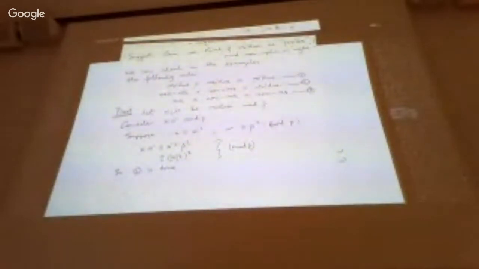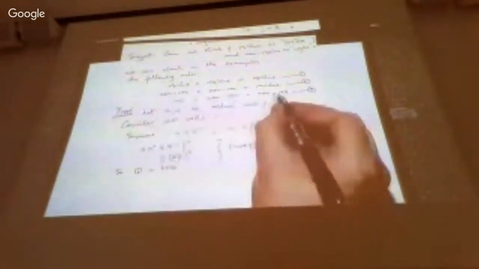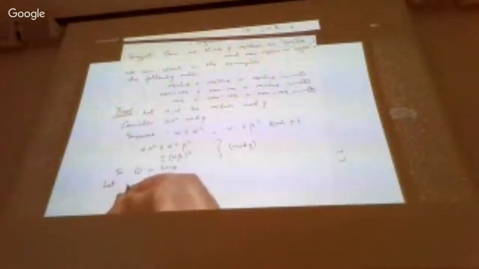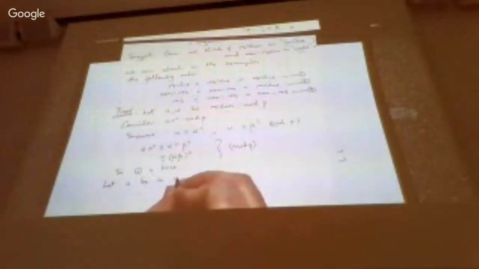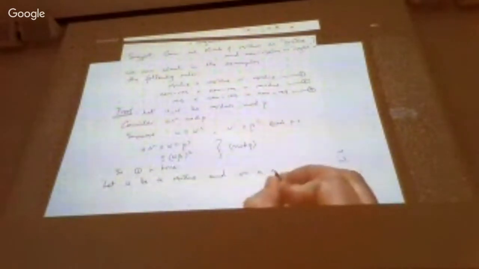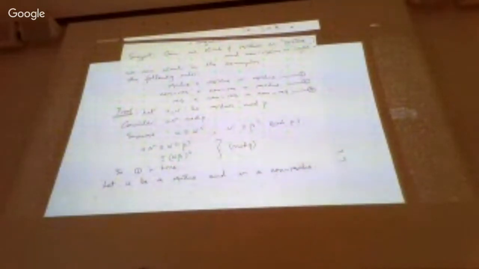Let's prove the second one. No, let's prove the third. Now we're going to let U be a residue and V a non-residue. And we'll do it by proof by contradiction.